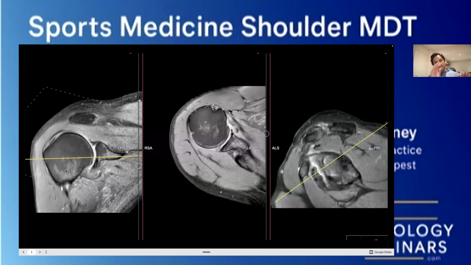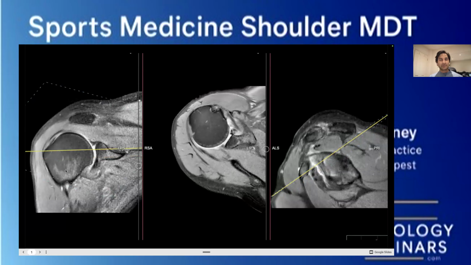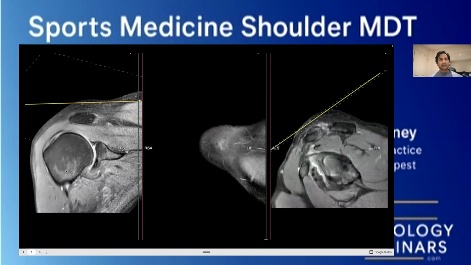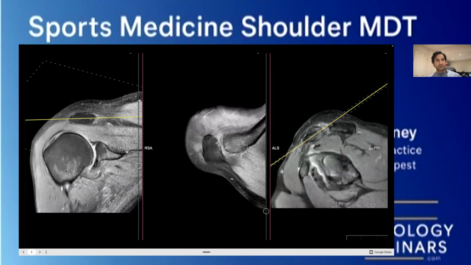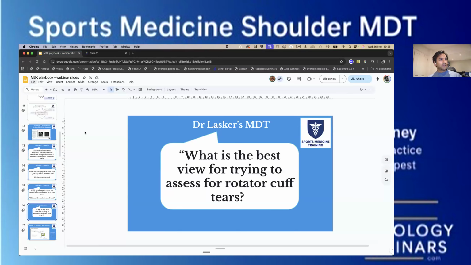Because there's an angle at which, when something's turning and the images are taken, it looks bright anyway. And that actually happens in ultrasound as well, and it's called magic angle there as well. So just something important to be aware of: when you're looking at any sort of tendon and you see some sort of brightness, do have a look at another view and see whether it's also bright on the other view that you've got as well.